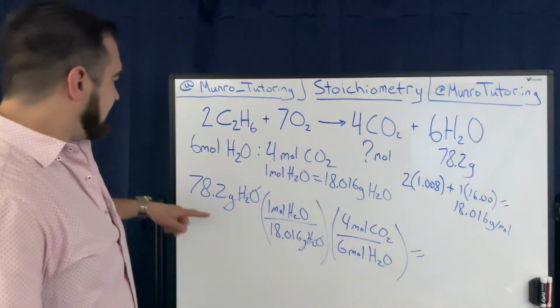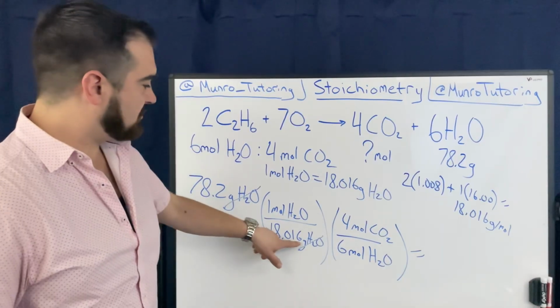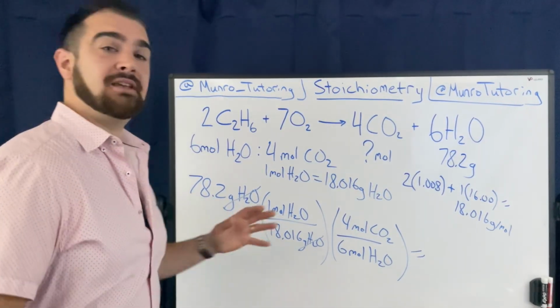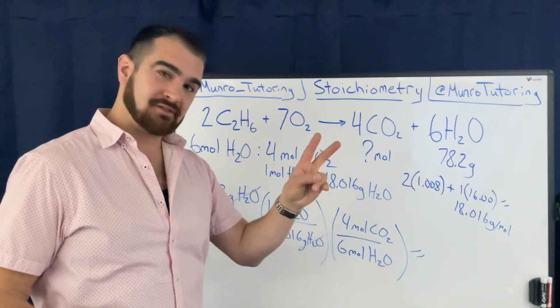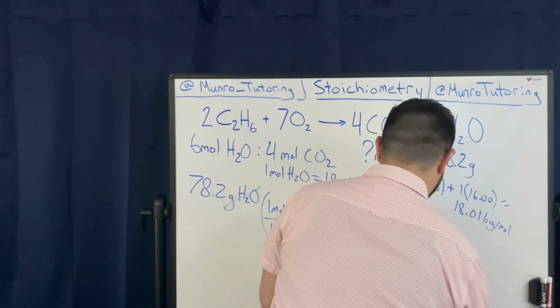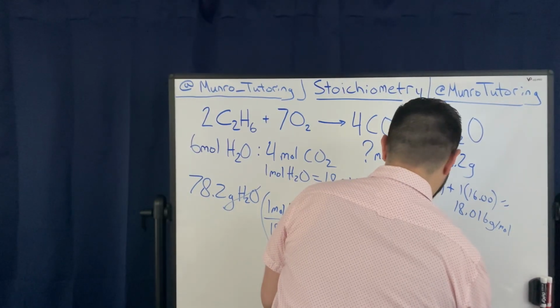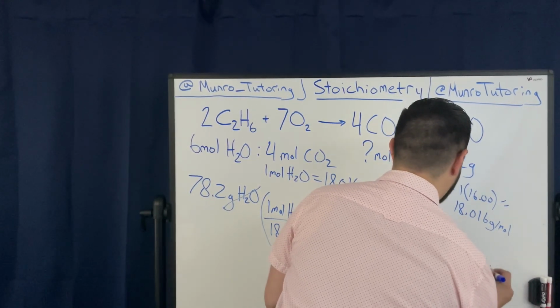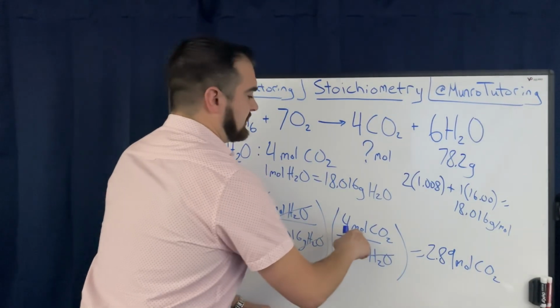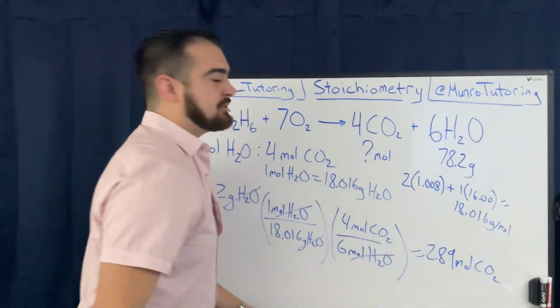How many sig figs should I have? That's 3. That's 4. Well, that's actually 5. So 3 is the lower amount. If you don't know sig figs, check out my 2 videos on sig figs. So we're going to do 3 sig figs: 2.89 moles of CO2. I forgot to cancel out these units. Those are gone. And so we know that we have moles of CO2 as our final answer.